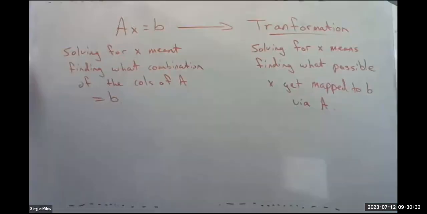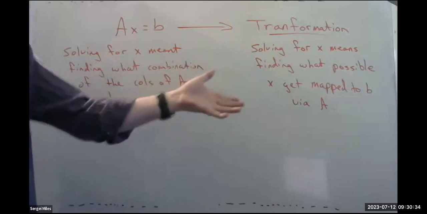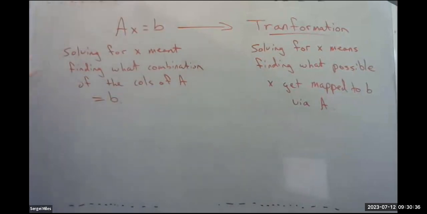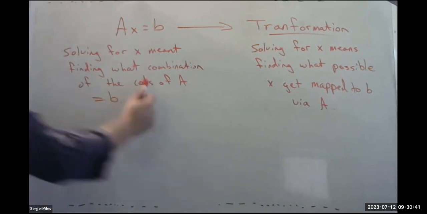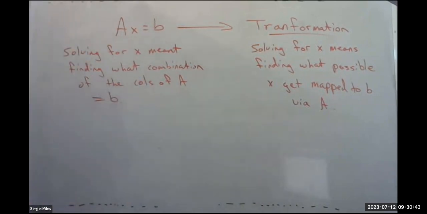Think of a real function where 1 was mapped to 2. Same idea here. If you're solving for x, you're trying to find out what possible x are going to get mapped to this b. Both of these things are saying the same thing.